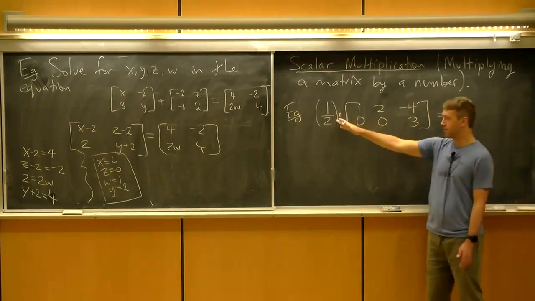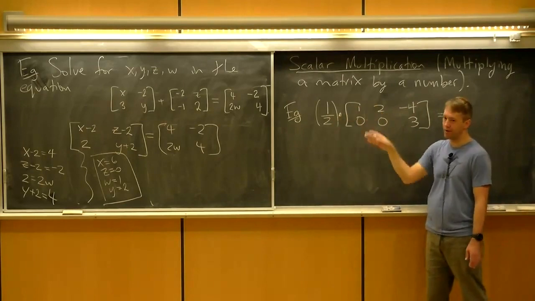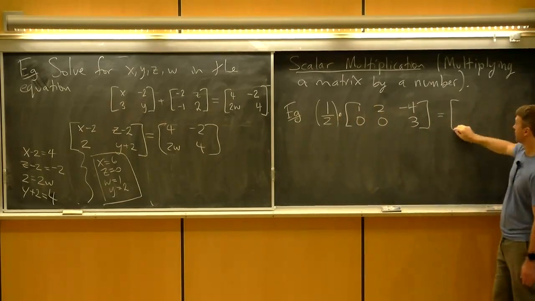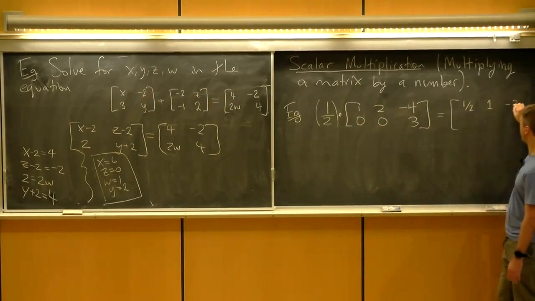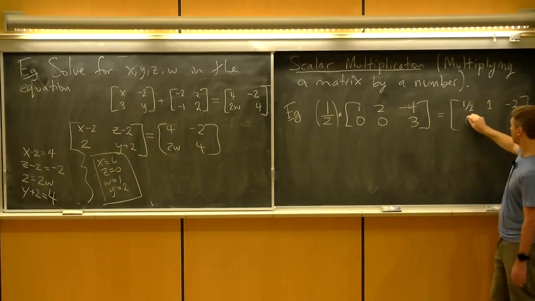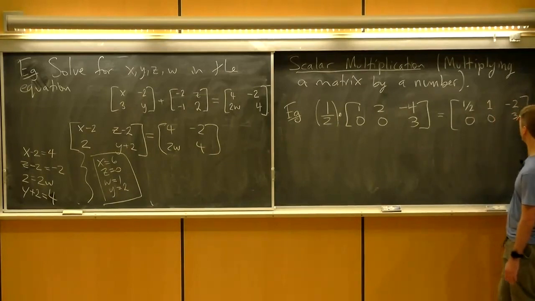All you do is bring that number inside and multiply it by all the entries. So it's a half, 1, negative 2, 0, 0, 3 over 2.